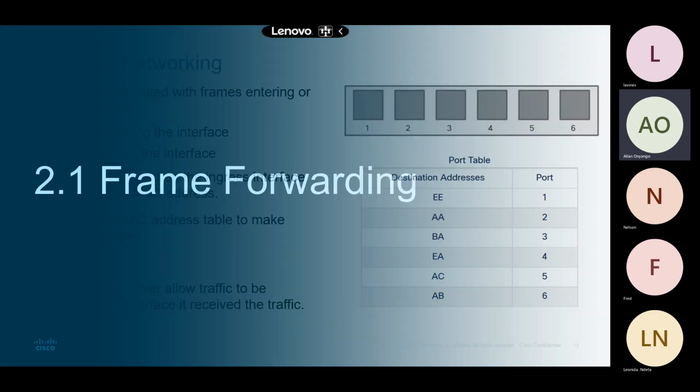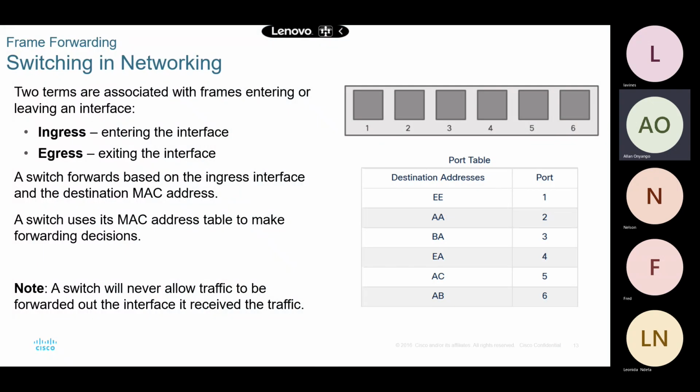In terms of frame forwarding, we come to two terms here: the ingress interface or ingress port, which is the incoming port, and the egress port or the exit port. Those are just normal terms to help us understand whatever it is that we are talking about.